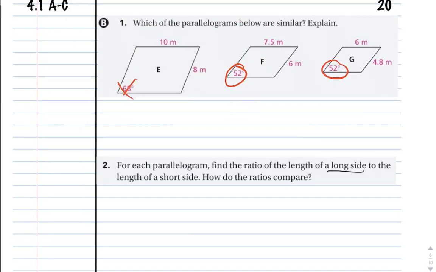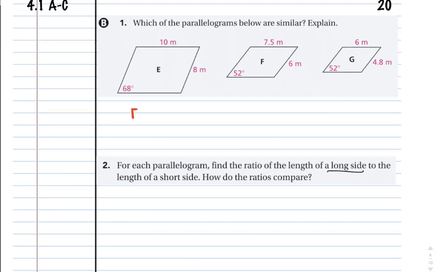Therefore, this one's out. Similarity has to have the same angles. And those angles are the same, and that one's not. So I already know that those two are similar, and the other one isn't.